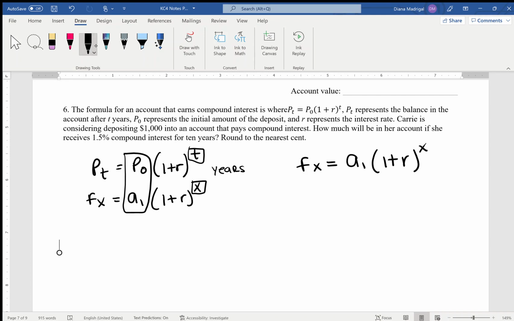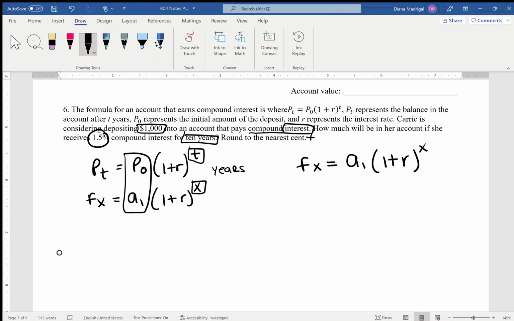So here's the problem. It says Carrie is considering depositing $1,000 into an account that pays compound interest. Again, the word interest means that you are going to be adding, okay? How much would be in her account if she receives 1.5% compound interest for 10 years?